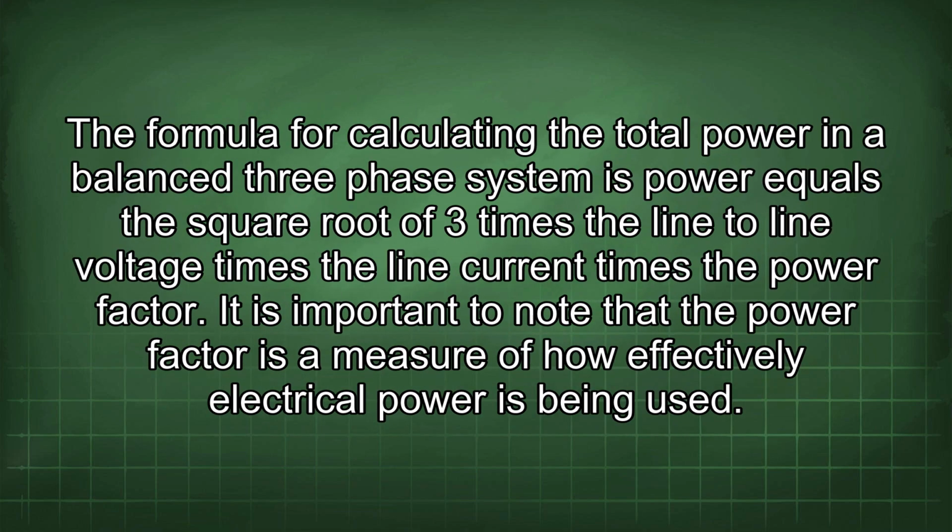The formula for calculating the total power in a balanced 3-phase system is power equals the square root of 3 times the line-to-line voltage times the line current times the power factor. It is important to note that the power factor is a measure of how effectively electrical power is being used.